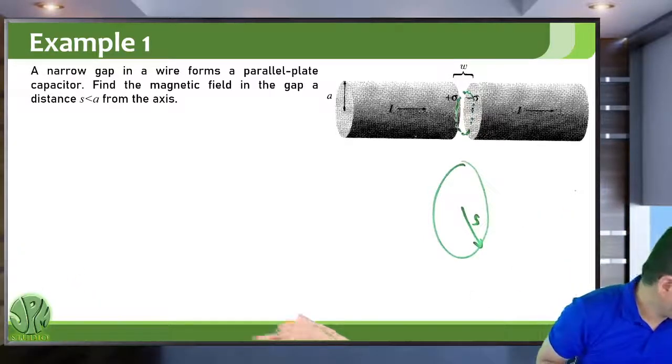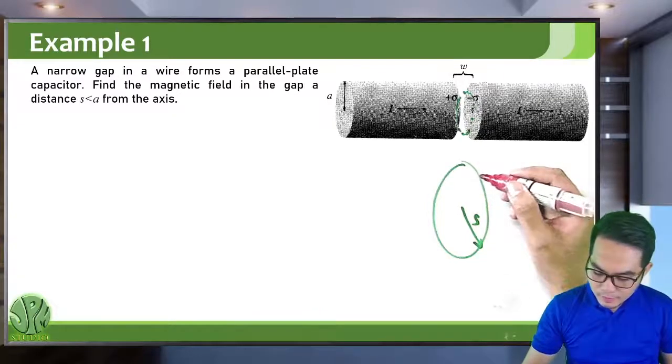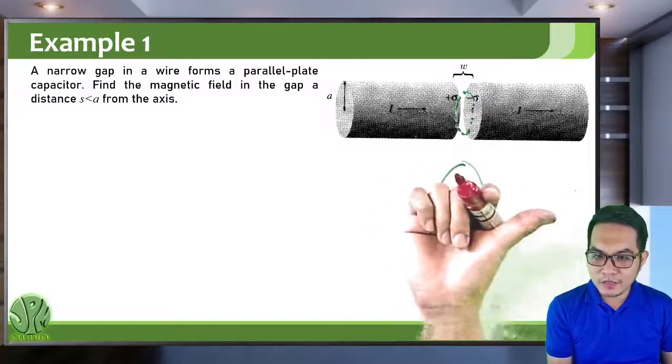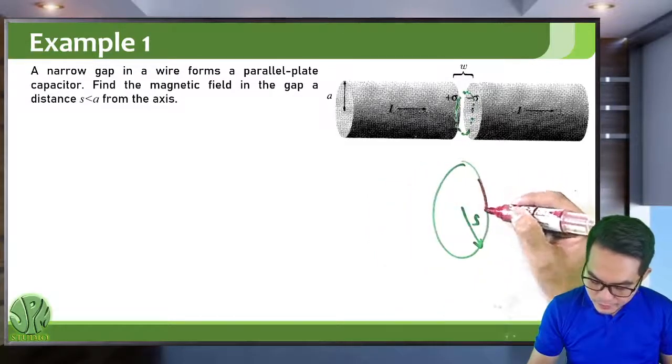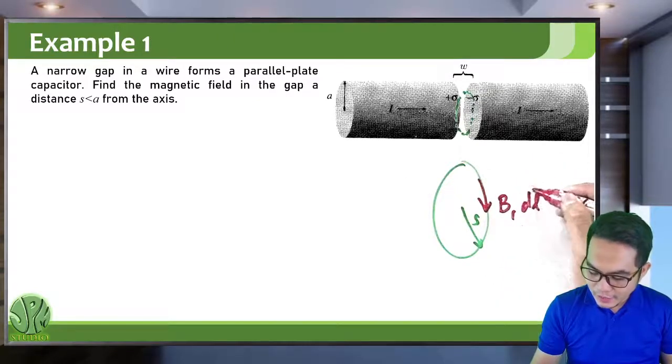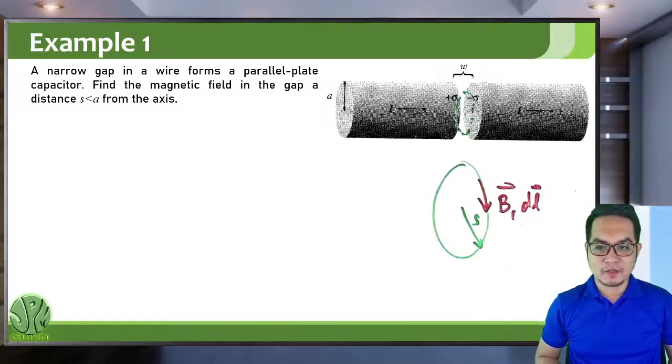If this is the direction of the current, then the magnetic field direction in the loop is in that direction. So the magnetic field and dl are both in the same direction.